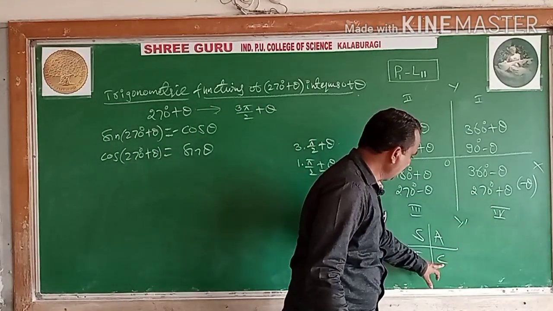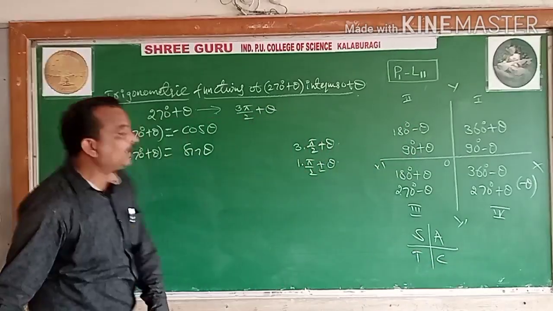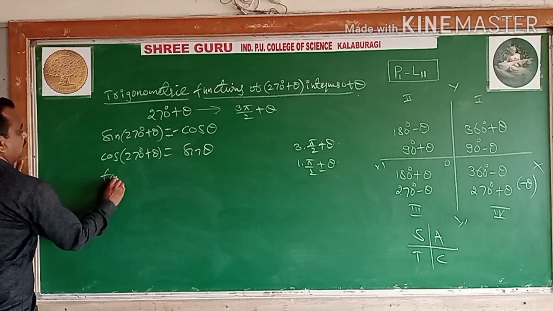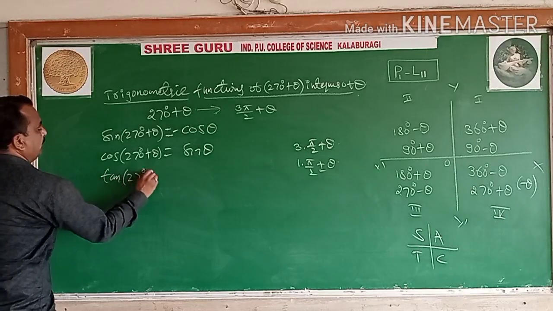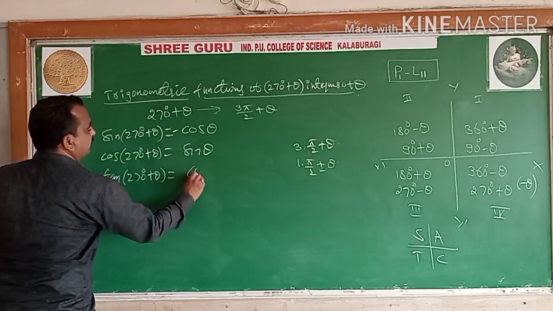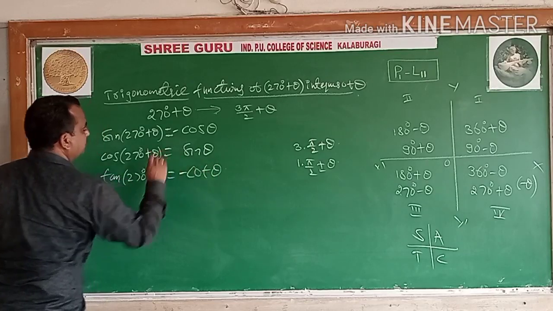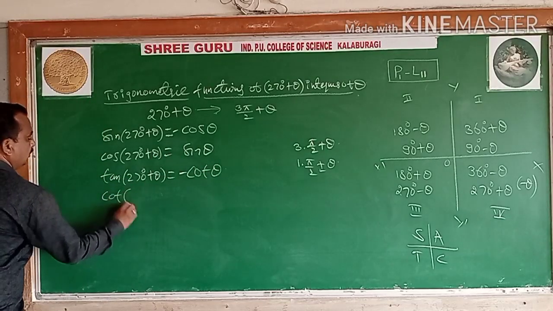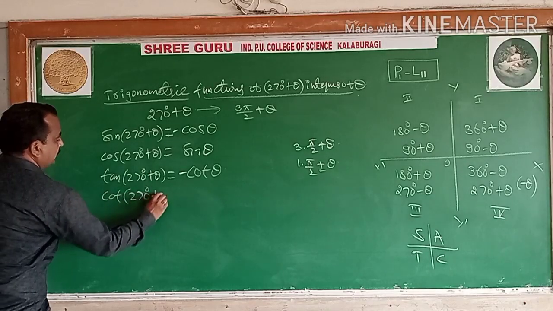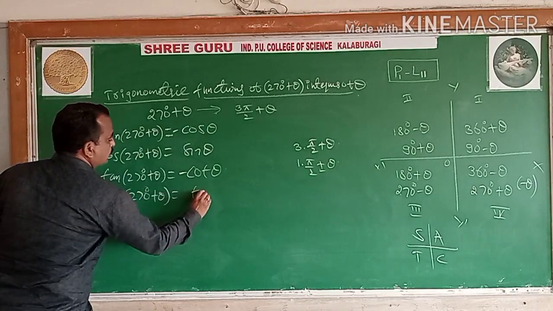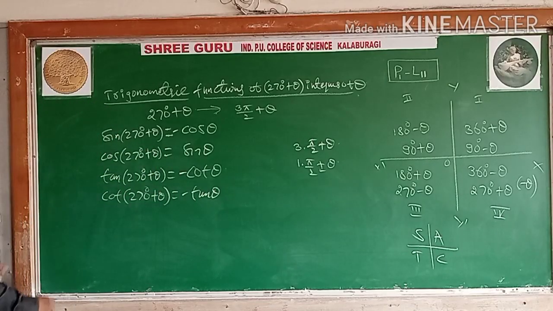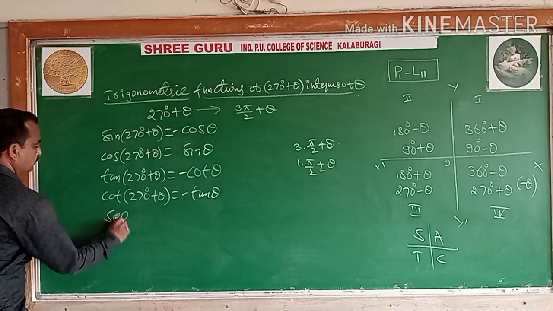It is a fourth quadrant angle. Yes, cos and sec are positive, remaining are negative. It is a positive function. Tan 270 plus theta changes to cot theta, this is also negative. Cot 270 plus theta changes to tan, also negative. Only cos and sec are positive.